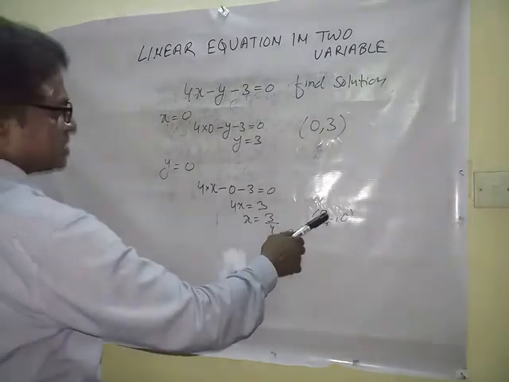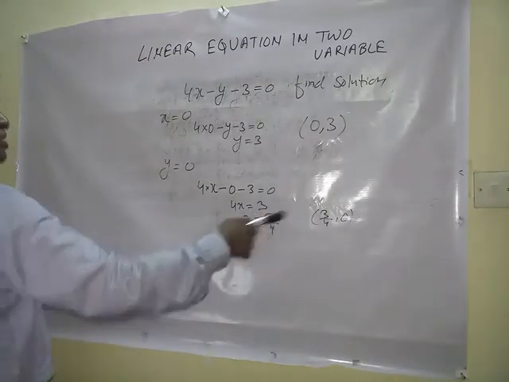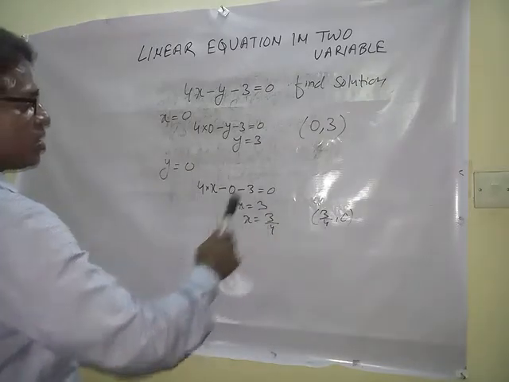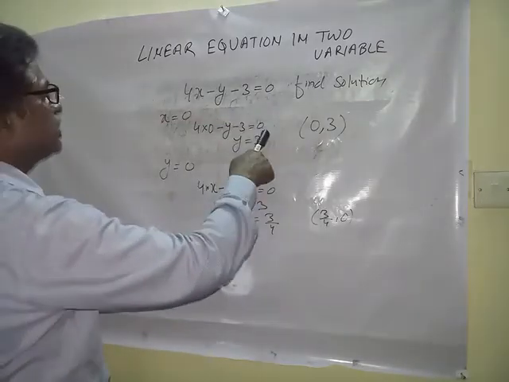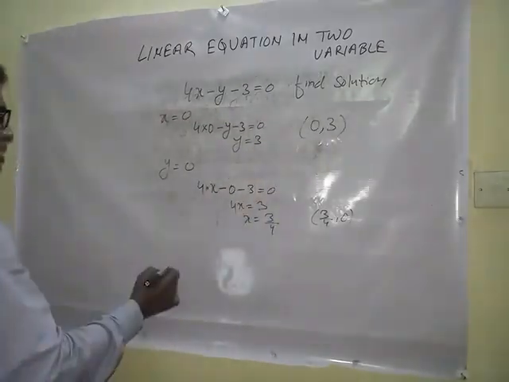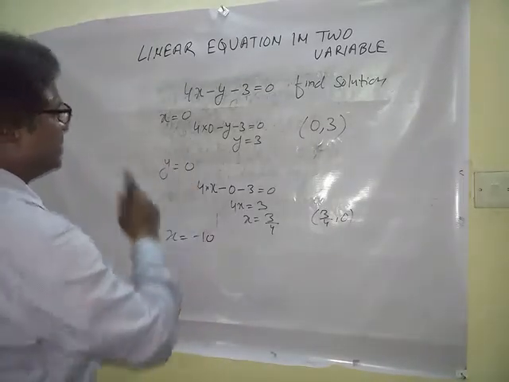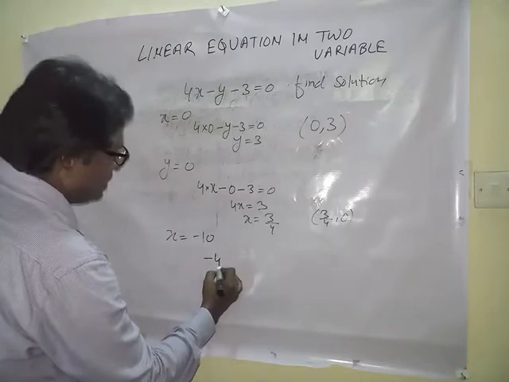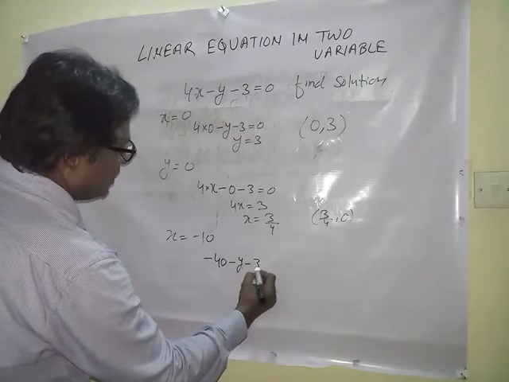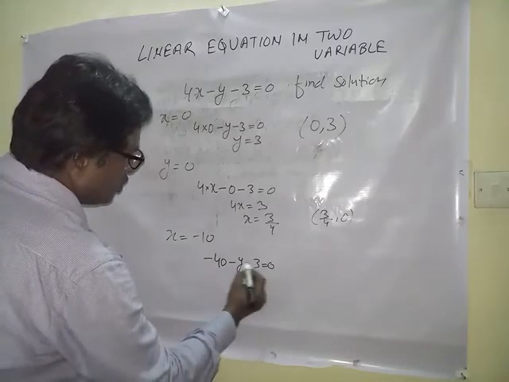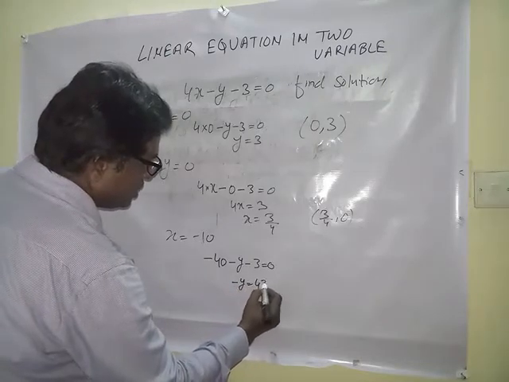But avoid this fraction part, because when we come to graph drawing, you should find a solution which is in integral form. If you put x is equal to minus 10, then here it will become minus 40 minus y minus 3 is equal to 0, minus 43 minus y is equal to 0.